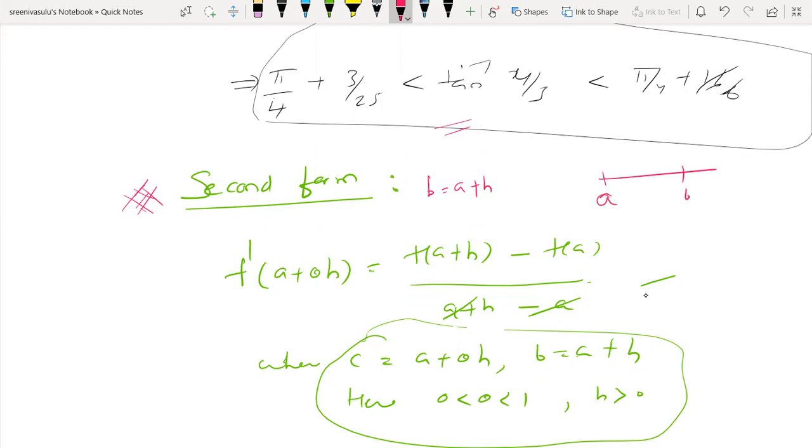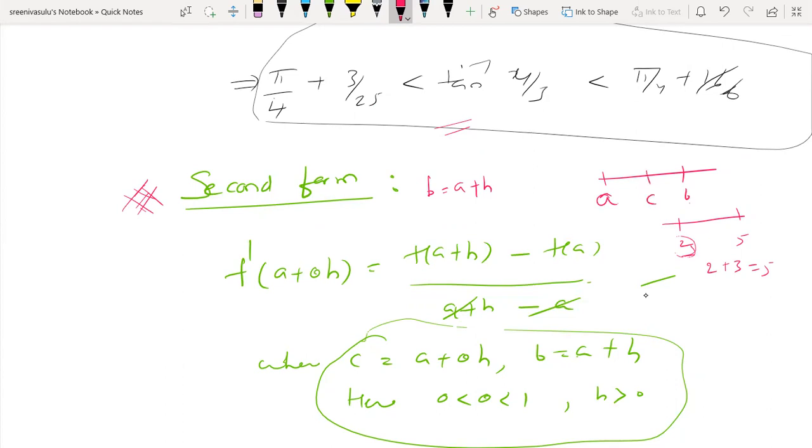By adding some positive value, we get b. For example, adding 3 to 2, we get 5. Here also, adding some value h, we don't know what the value of h is, adding h to a, we get b.